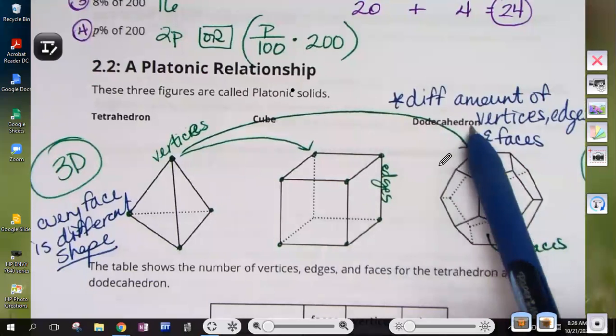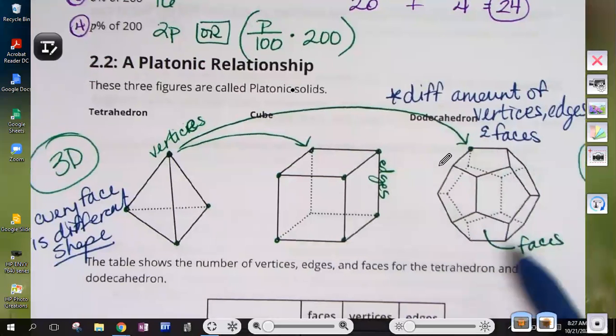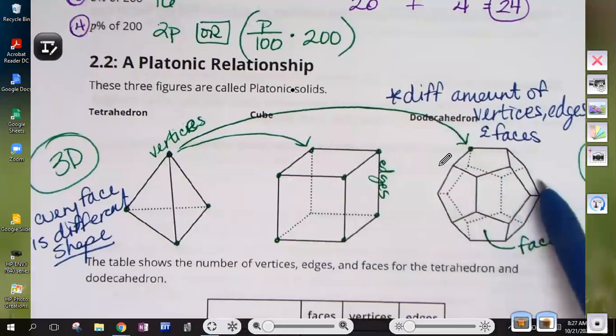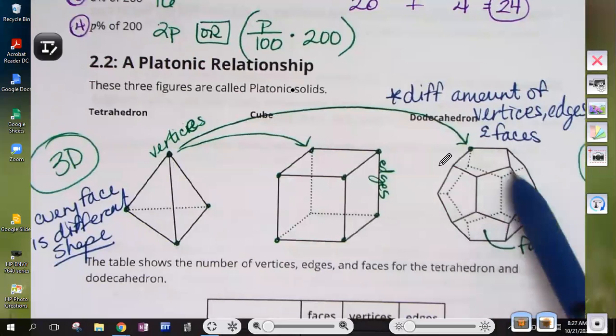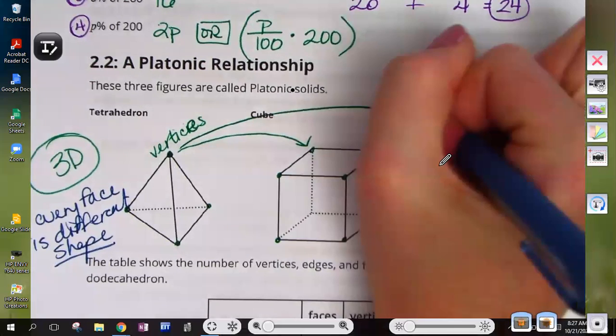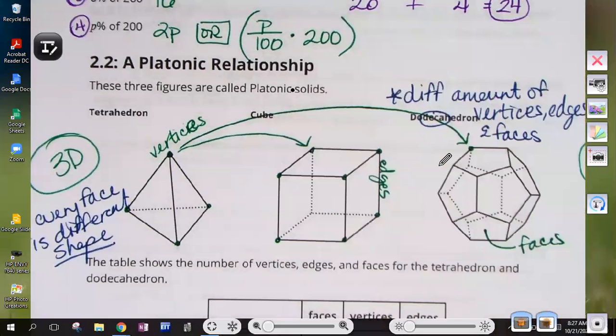What kind of face? 5 sides. Pentagon. And how many faces? Isn't that 8? Kind of 12. Oh, dodeca. My bad. Yeah, 12. Sorry, I emphasized the wrong part of the word. Good. 12 faces.